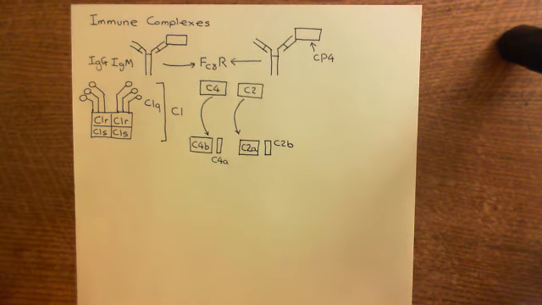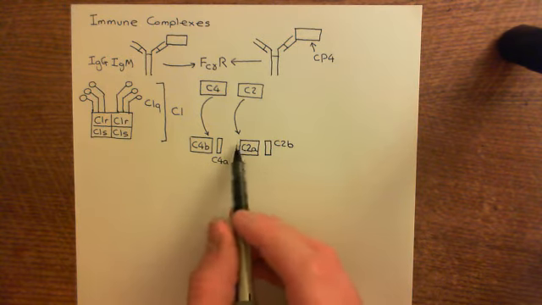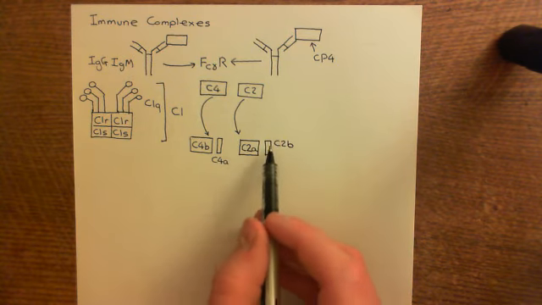However, over a decade ago, someone decided this was a bad naming system, because all the other complement proteins fitted a nice pattern where the big fragment was called the B fragment and the small fragment the A fragment. But C2 broke this pattern. So they decided to rename the big fragment of C2 as C2b, and the small fragment as C2a.